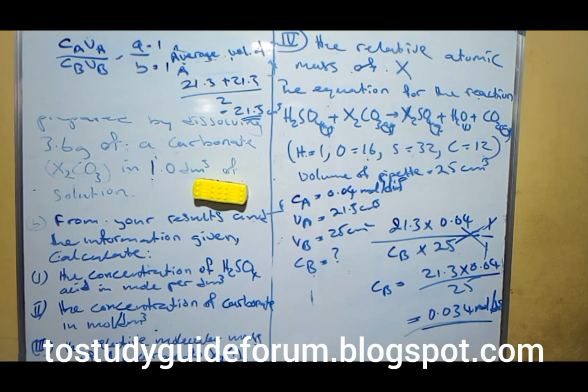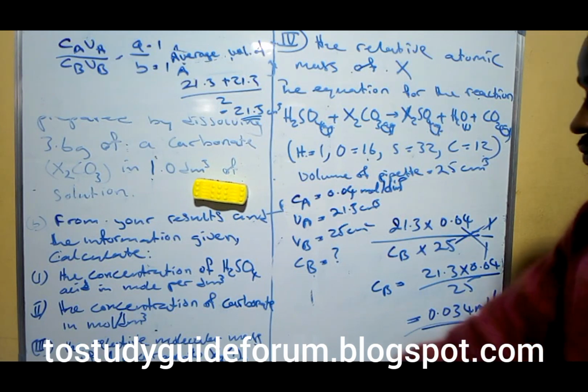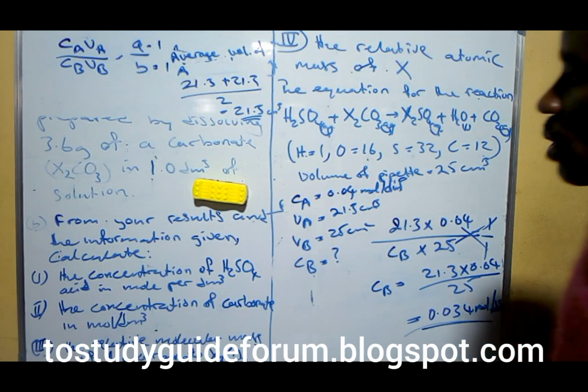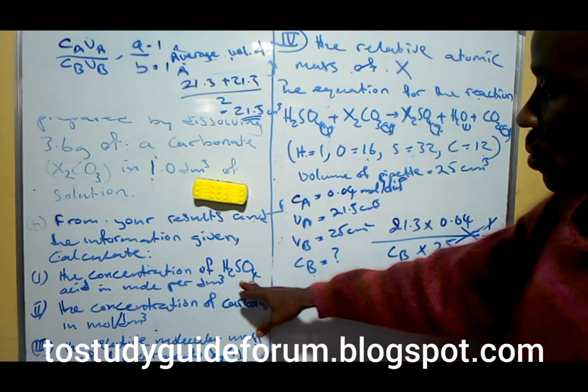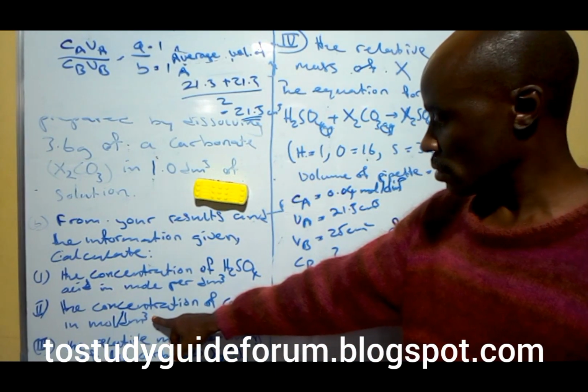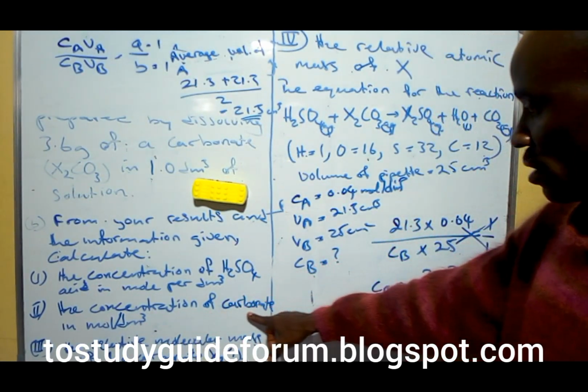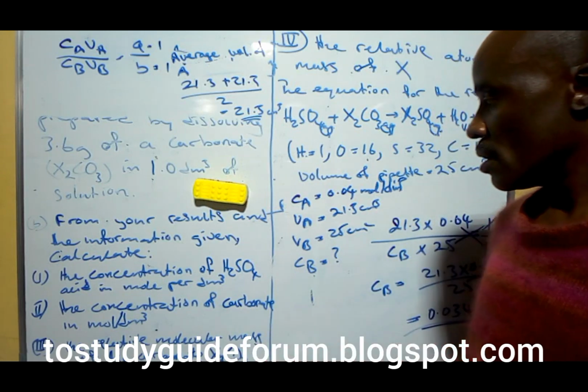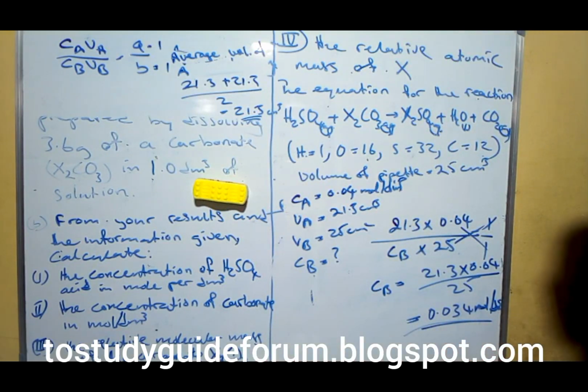That is what we have for the concentration of B, 0.034 mole per dm cube. So the second question, we have done it. The next one is the third question we are going to solve now.